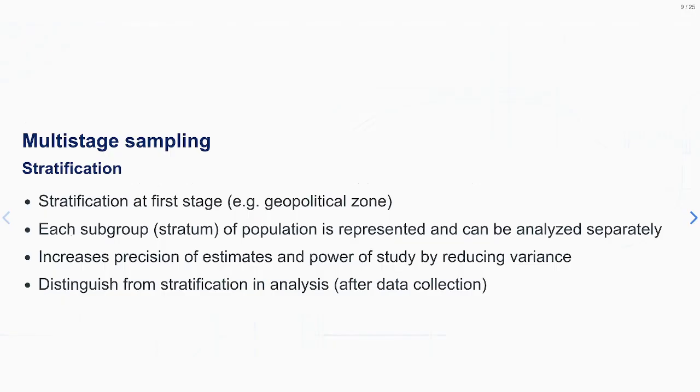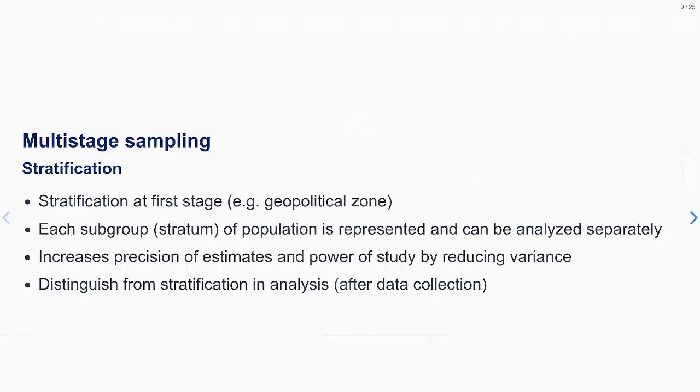In multi-stage sampling, there is stratification at the first stage, for example the geopolitical zone, and then each subgroup or stratum of the population is represented and can be analyzed separately. Stratification helps to increase the precision of estimates and to increase the power of the study by reducing variance.